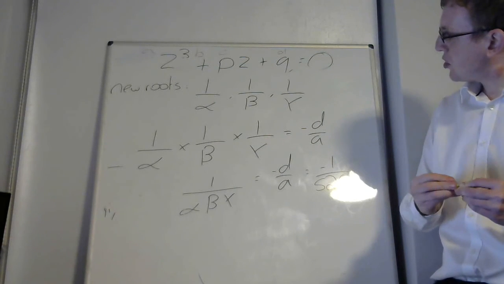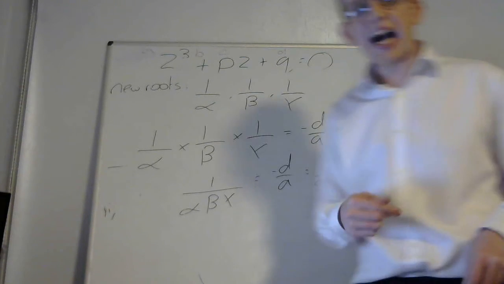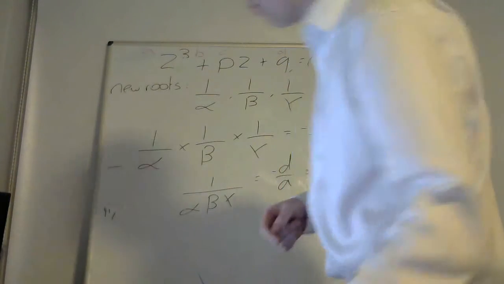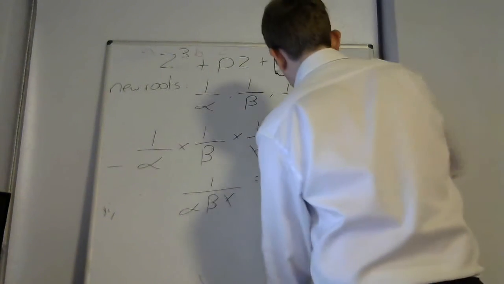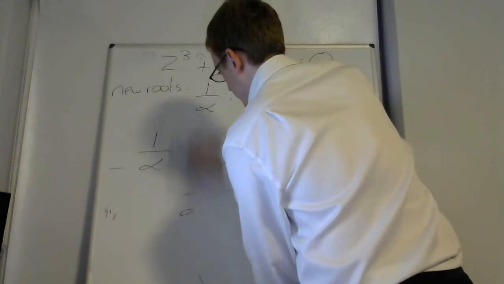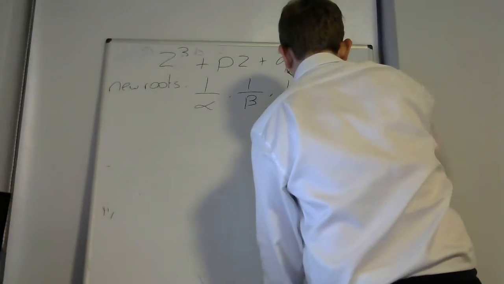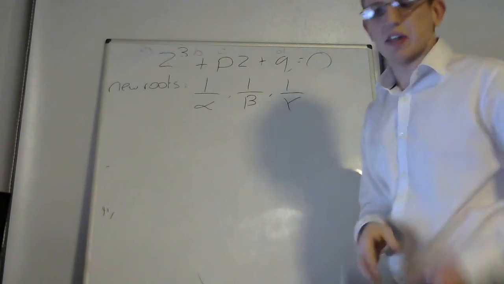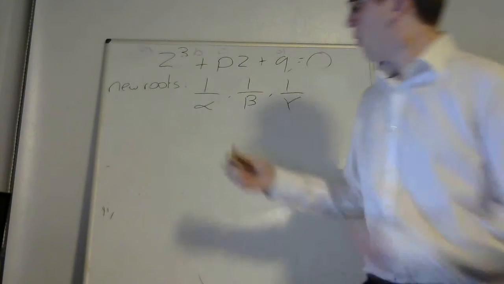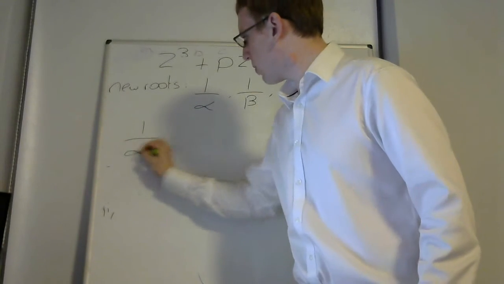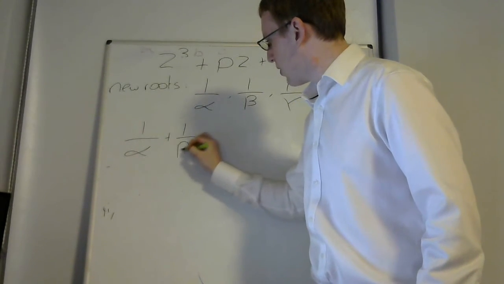I'll do the one where I add them all together, and then you can do the pairwise multiplication on your own. Right, if we add them all together, 1 over alpha plus 1 over beta plus 1 over gamma.